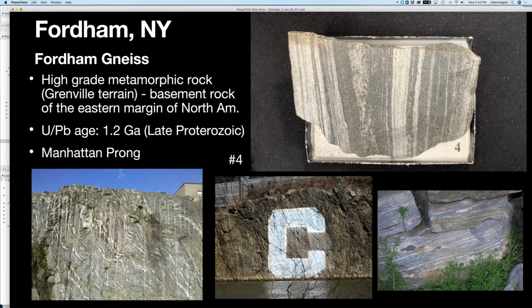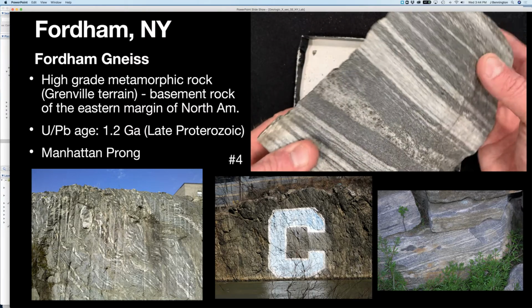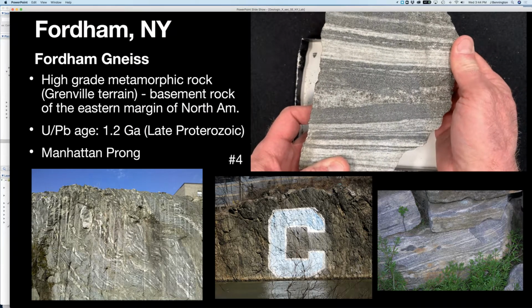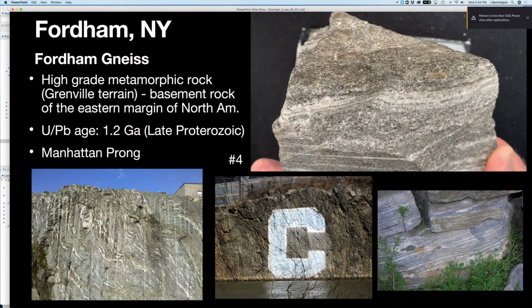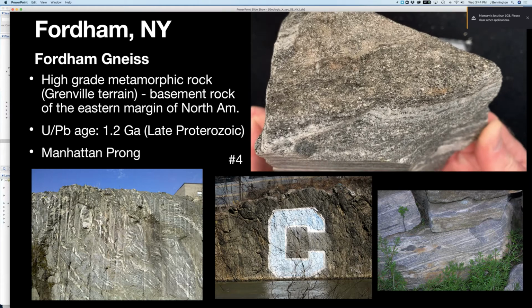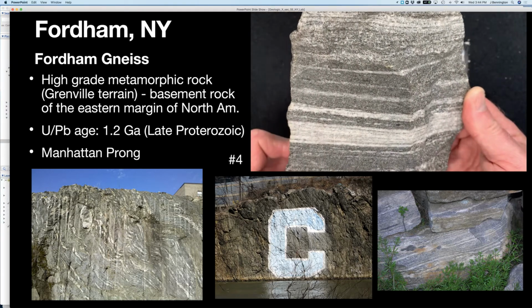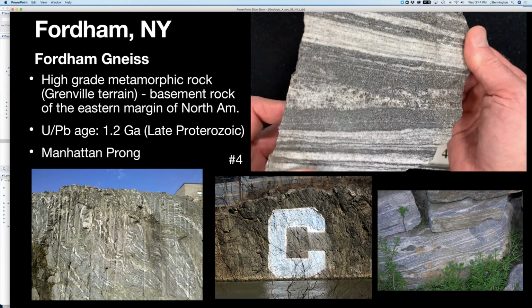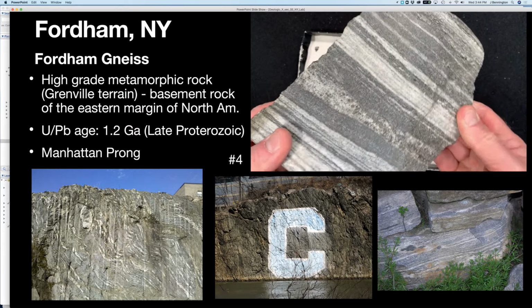The Fordham gneiss is a very stripy looking high-grade metamorphic rock, and in some ways it's similar to the Manhattan schist. It does have some layers of mica, but it's much older than the Manhattan schist. The Fordham gneiss is an example of the basement rock under eastern North America.